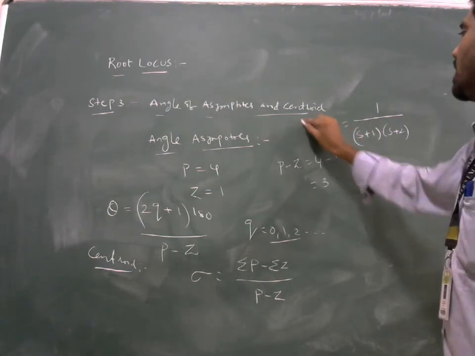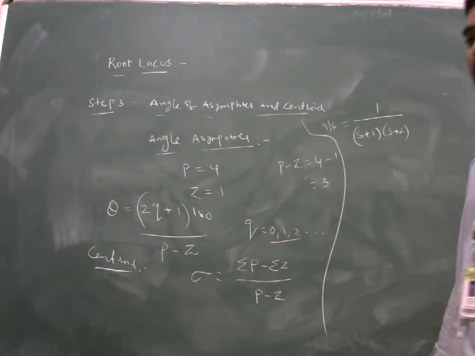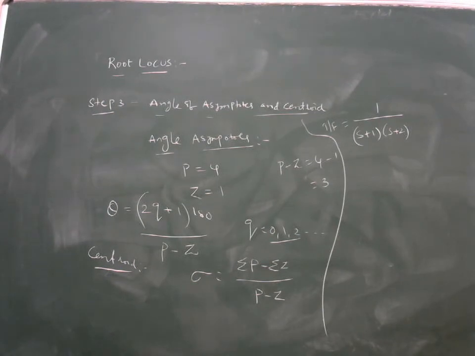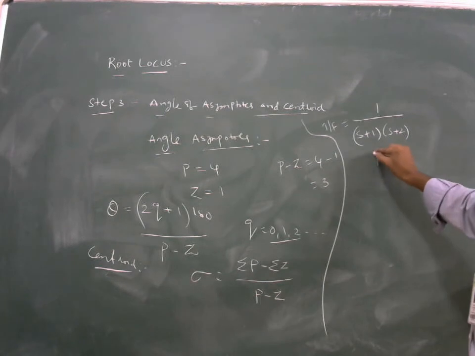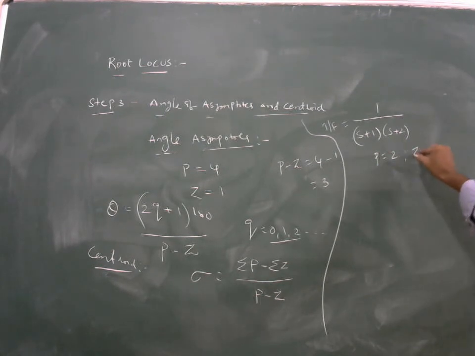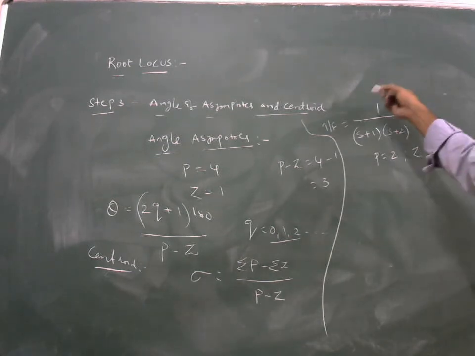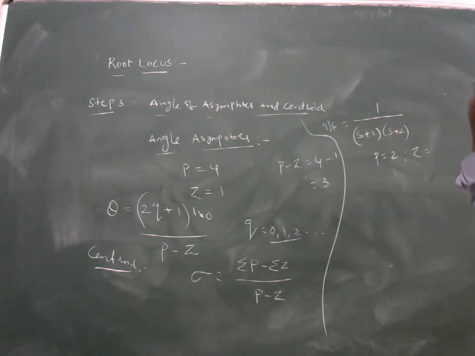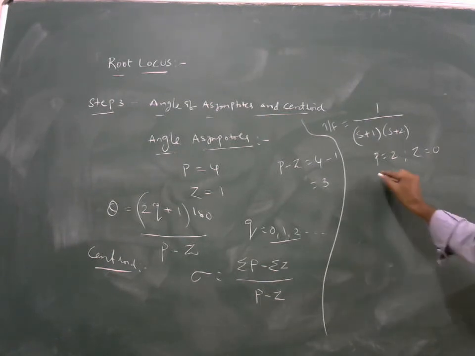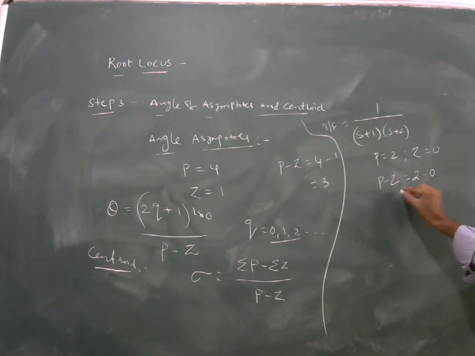Now, what is the centroid, and how many angles of asymptotes are we going to get? P is equal to what? P equals 2. Z equals how much? Z is nothing but the number of zeros. From where are we going to get the zeros? From the numerator. So we are going to get 0. Now what is the P minus Z value? P minus Z equals 2 minus 0, which is equal to 2 asymptotes we are going to get.